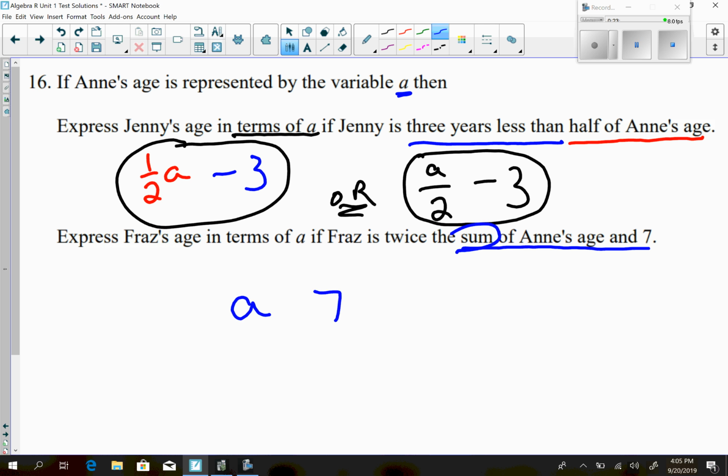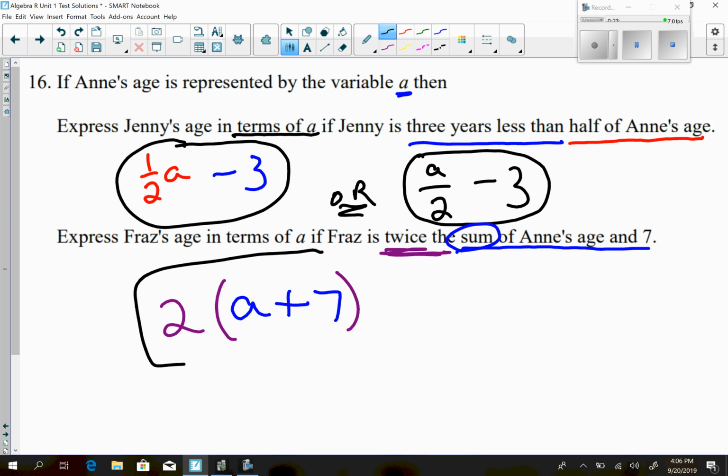The sum of Anne's age and 7 is this blue, the sum of Anne's age and 7. Twice what I just wrote means all of that times 2. Twice is purple. Twice means 2 times.